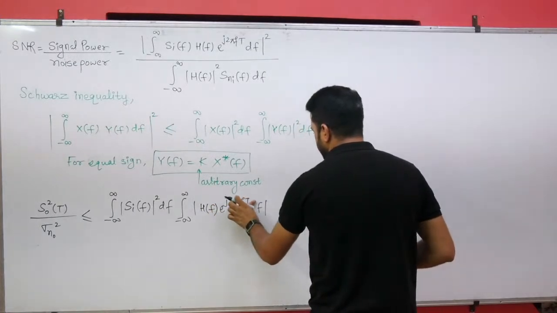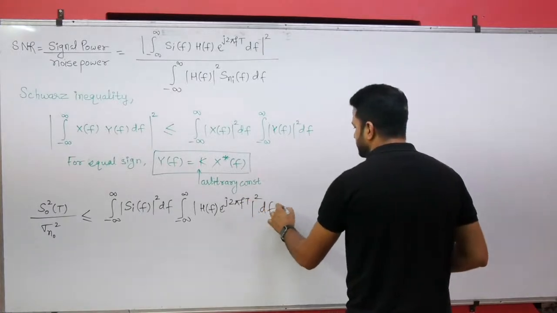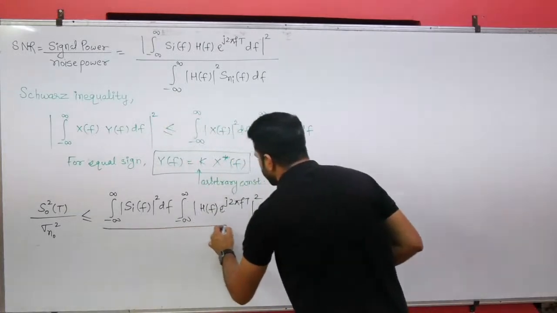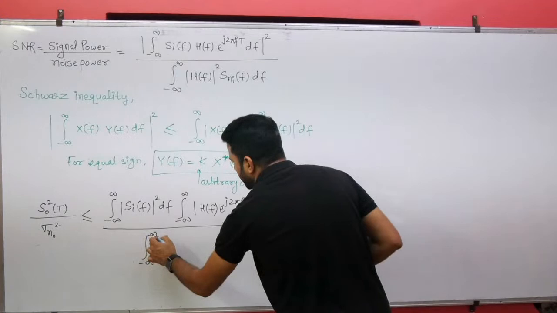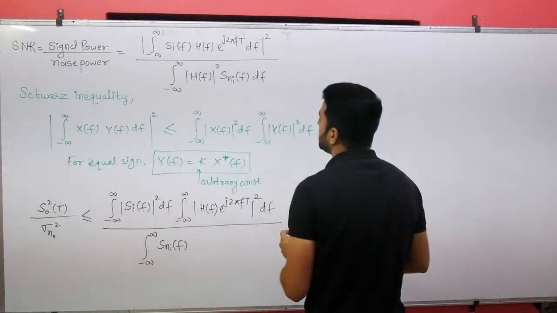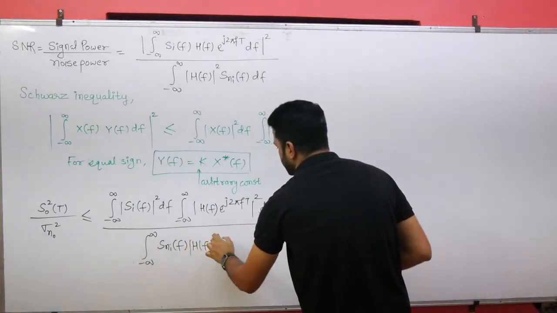This will be the numerator, and the denominator is the integral from minus infinity to infinity of Sn i of f and h of f mod square df.